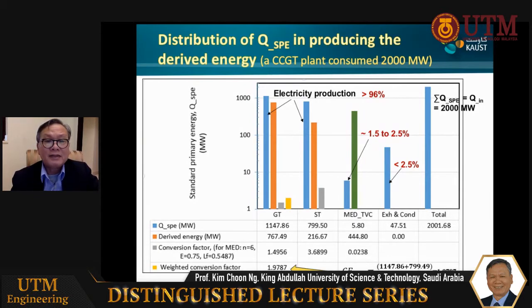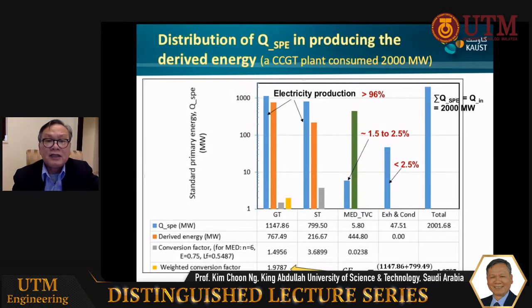So the blue bar represents the amount of megawatt at the supply at the equivalent adiabatic flame temperature, which is 1147 for the gas turbine, 799 for the steam turbine. Only 5.8 is needed for the MED, and the losses in the exhaust and condensers are at 47%. And you can see when you sum up all the standard primary energy, it comes to about 2001. The slight error there is due to computational accuracy.